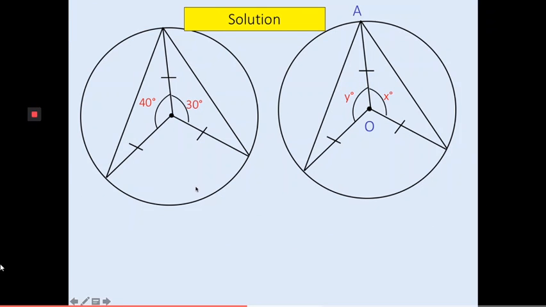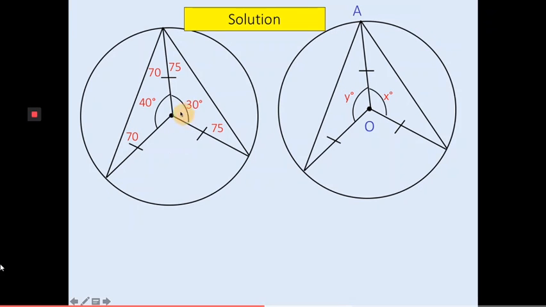Okay, here's the solution. So first of all, it's looking at isosceles triangles again. So with this angle of 30 degrees, we've got these two sides the same. So the angle here and the angle here will be the same. 180 take away 30 divided by 2 gives me 75. Let's do the same thing with the 40 degrees. 180 take away 40 divided by 2 gives me 70 and 70.